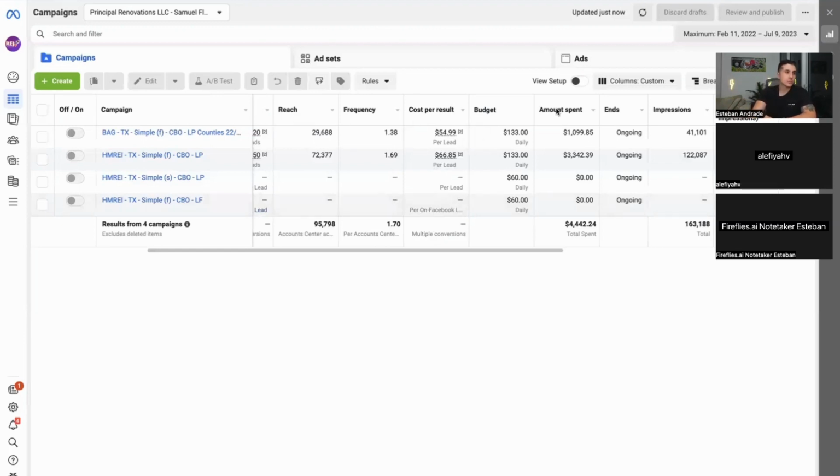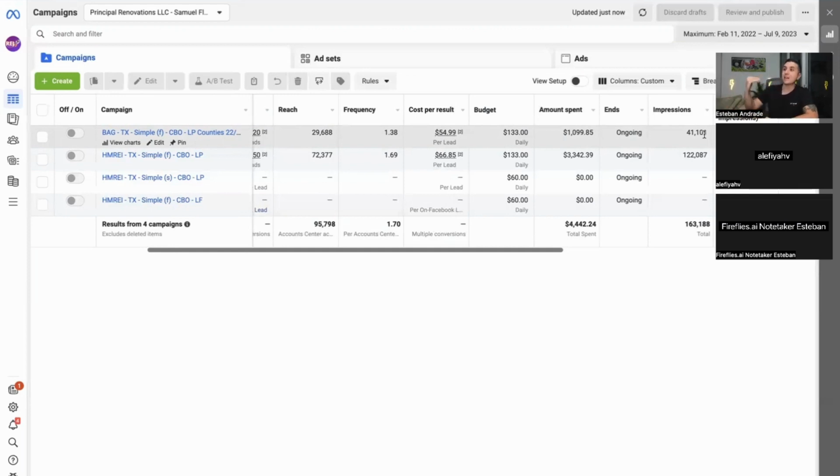Impressions, which is right here in this little column, as you see, is showing 41,000, and compared to reach, it is showing for this specific campaign 29,000. You'll notice that impressions is slightly higher than reach, but that's because impressions are the number of times your picture or your video or your message appears on your friends' phones or computers.